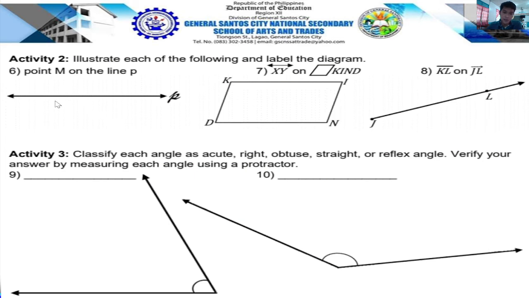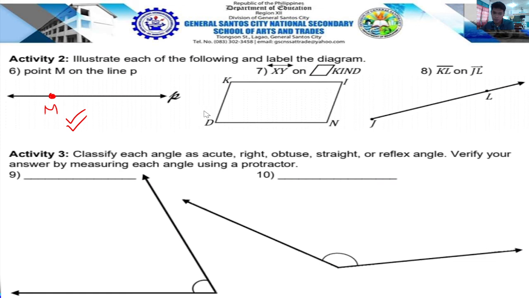So activity number 2, again, sa mga hindi pa po tapos, pause for a while. Okay, sabi daw po dito, maglagay ng point M on the line P. Ito po yung line P, maglagay daw ng point M. So lagyan lang ng point tapos M. Okay, that's the answer. That's 2 points. 1 point po ang mali. Next, XY naman po, sa kind naman po, maglagay daw ng linya na XY. Kahit saan lang po dyan.